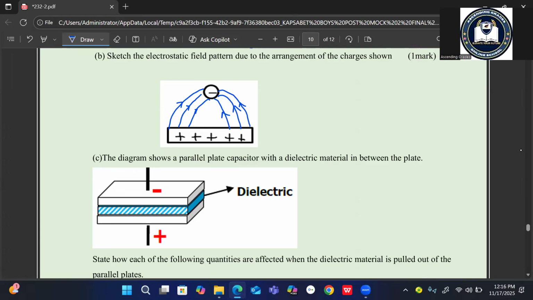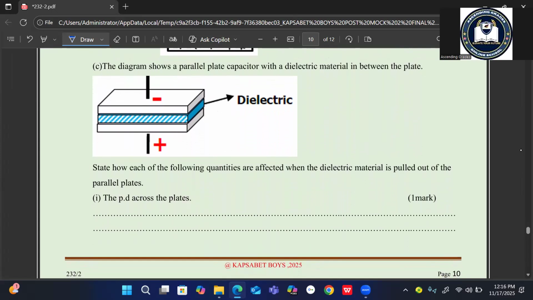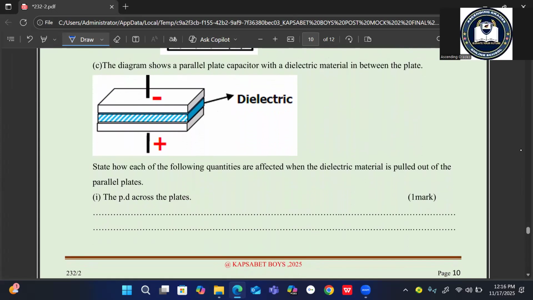State which of the following quantities are affected when the dielectric material is pulled out of the parallel plates.